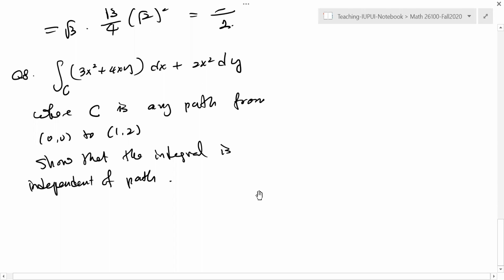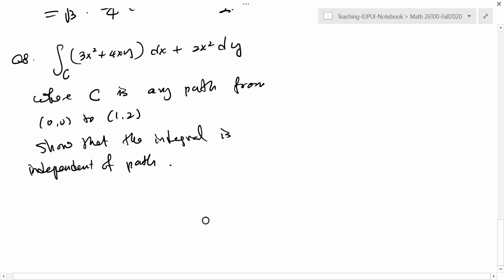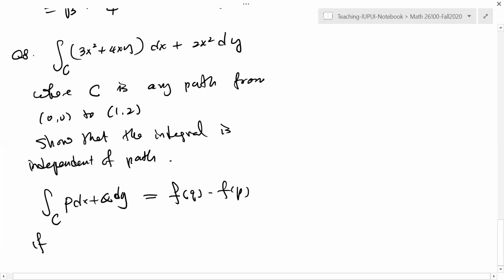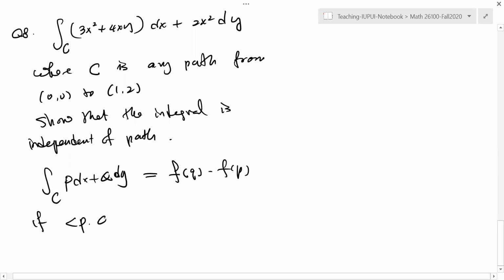So basically, you want to prove that this line integral is independent of the path. When you have P dx plus Q dy, this will be f of Q minus f of P if the vector field is the gradient of some function.